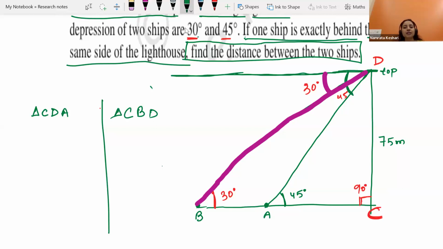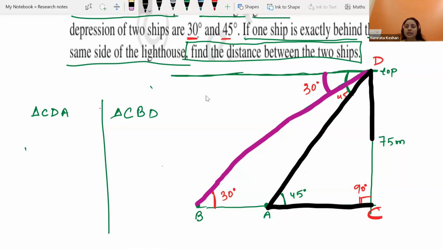What we know is this 75 meter. Let's quickly write about both the triangles. Triangle CDA. If we focus on this triangle, can we take tan 45 equals 75 by AC?